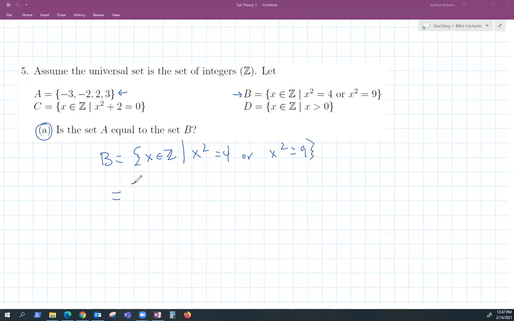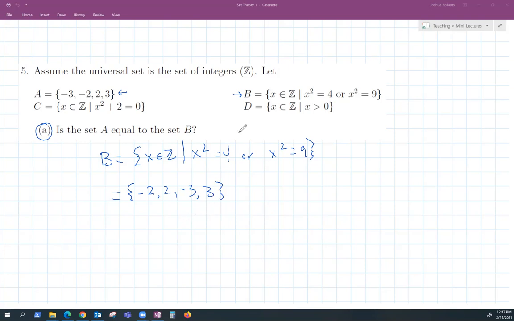So that's equal to, well, what integers are such that when you square them, you get 4? There are only 2 of them, negative 2 and 2. And then what numbers are such that when you square them, you get 9? Negative 3 and 3. So that is B in the roster method.